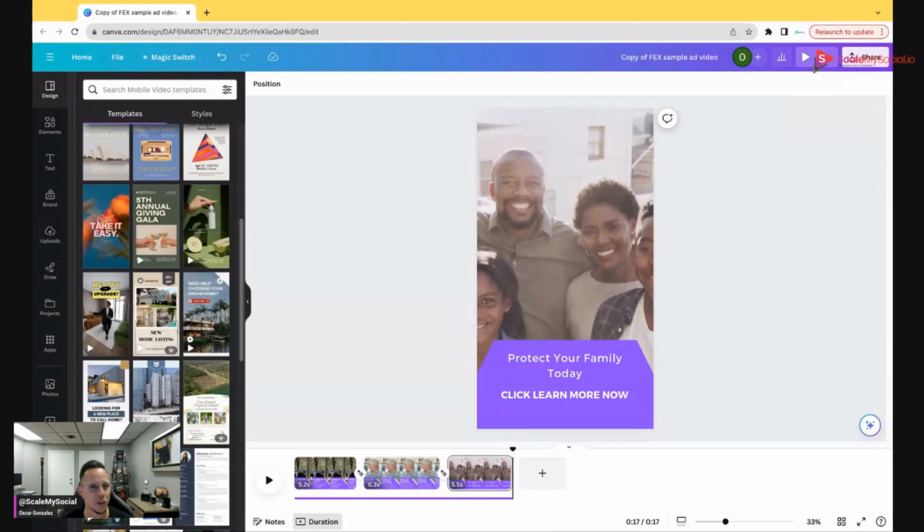You can make them a little bit shorter. You don't want to make these videos longer than 20 or 30 seconds. Longer than that, the algorithm is not going to want to push it, especially on stories and reels. So just make sure that you stay within that 30-second mark. If you're going to go above 30 seconds, you better have a really strong message.